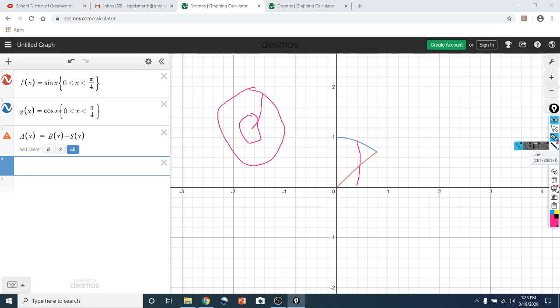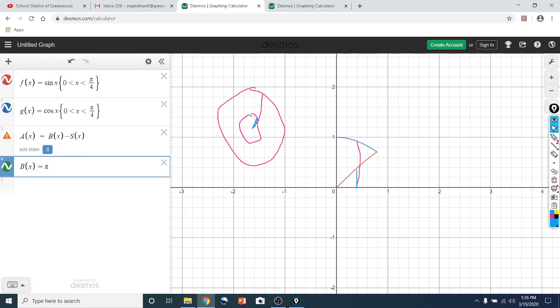And then the small will be the radius. So big is going to be pi radius squared.